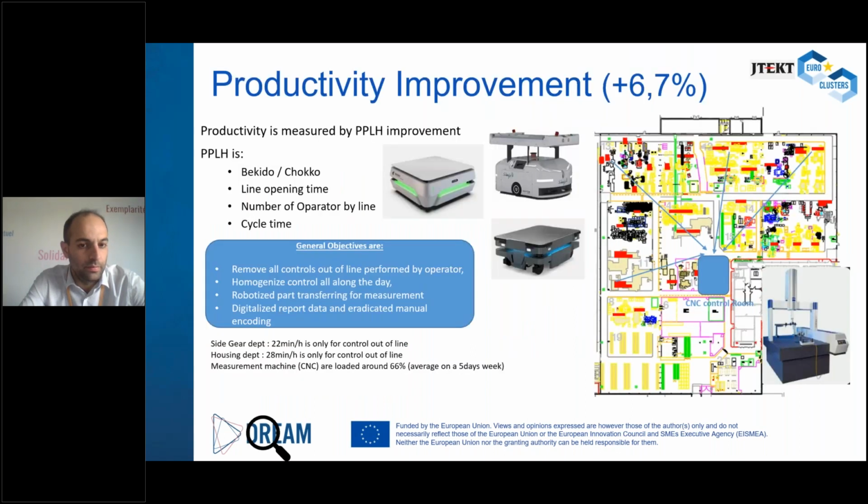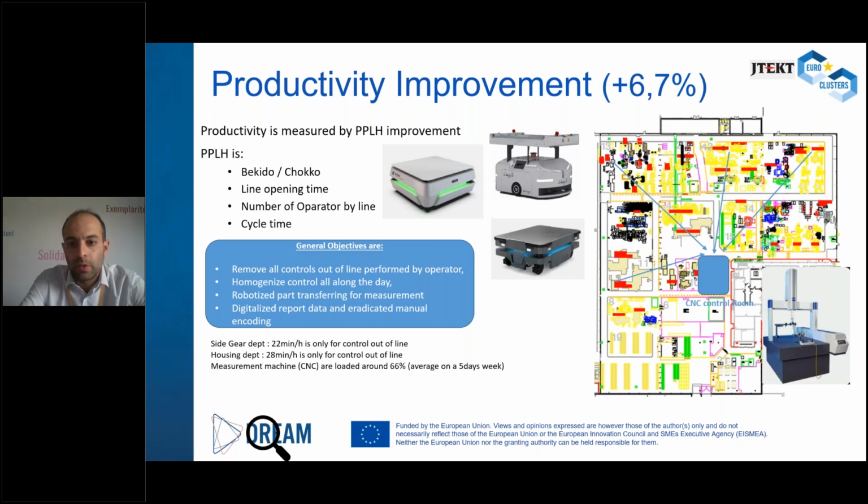Next slide, please. So currently, to continue to live in our automotive industry, we need to reach plus 6.7% productivity for the next fiscal year.